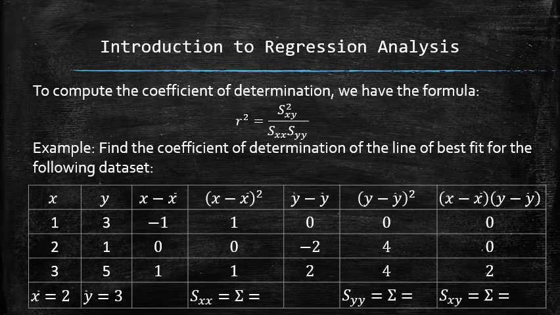We add the values in the fourth column to get S double X. We add the values in the sixth column to get S double Y. We add the values in the seventh column to get S XY. Finally, we set up a formula and compute the coefficient of determination, which is equal to 0.25.